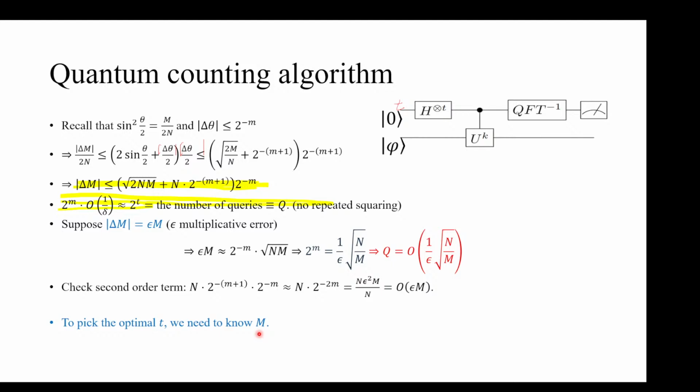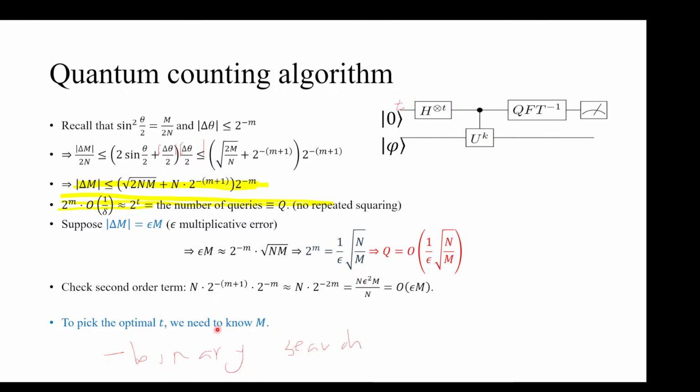And so once again, to solve this issue, you can do some kind of binary search, as we said in the Grover algorithm. It kind of defeats the purpose, but you can do it. So with binary search, you pick your t from small to large to estimate your m.